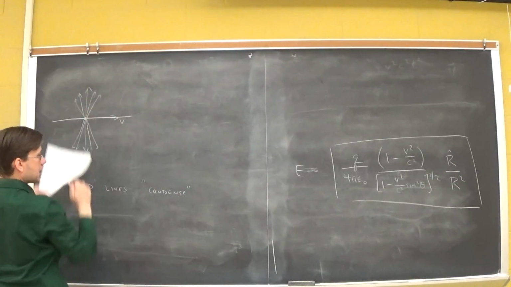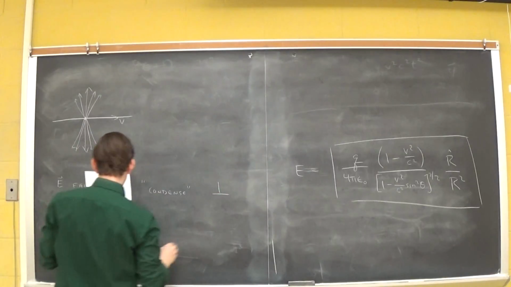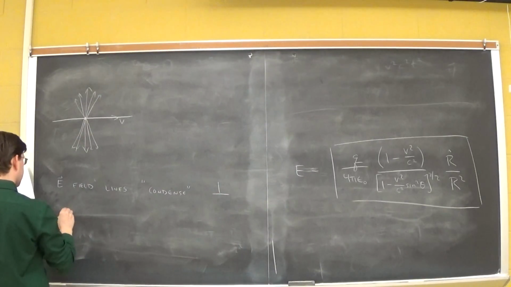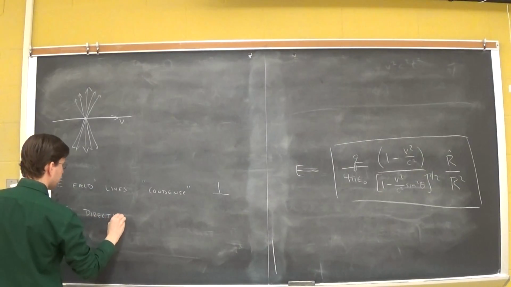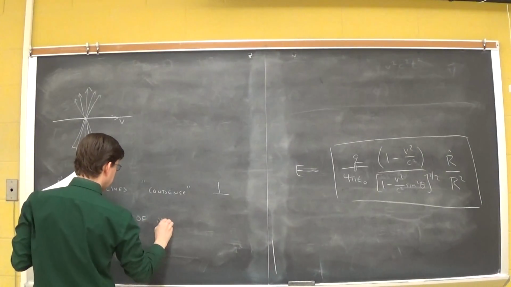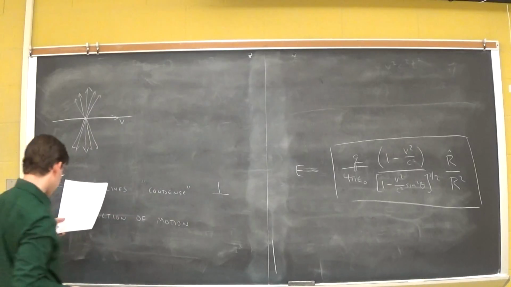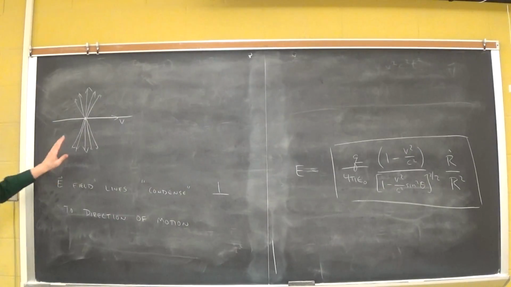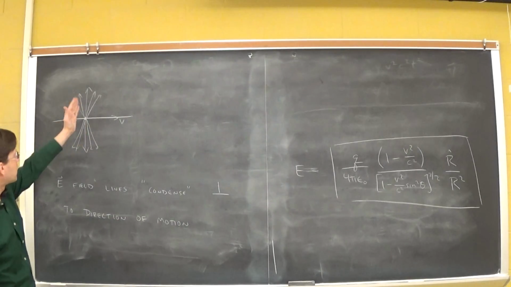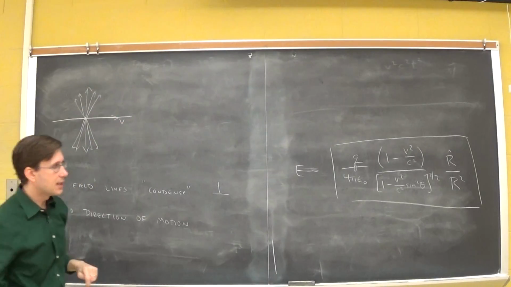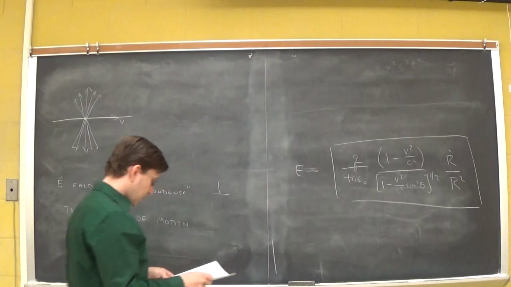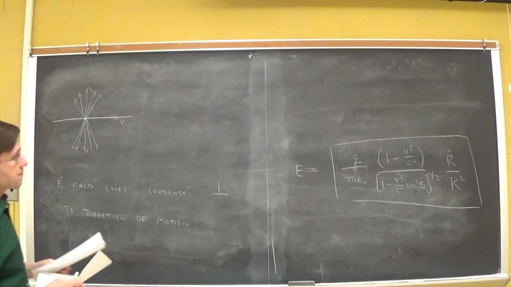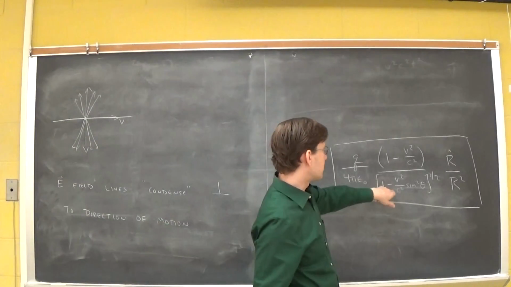They kind of crush together perpendicular to the direction of motion. Okay, so there is actually an enhancement of the electric field perpendicular to that velocity, and that's driven by this sine squared theta in the denominator. And the effect gets greater and greater as this velocity gets closer to the speed of light.